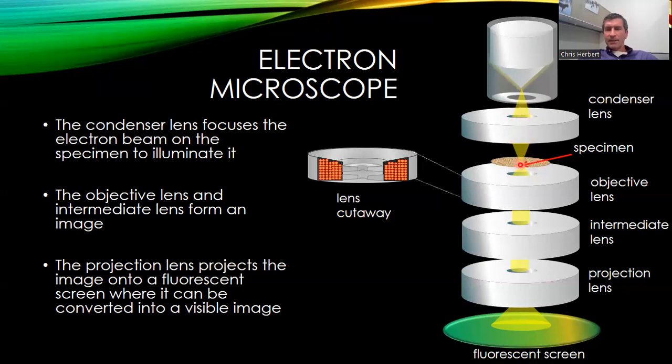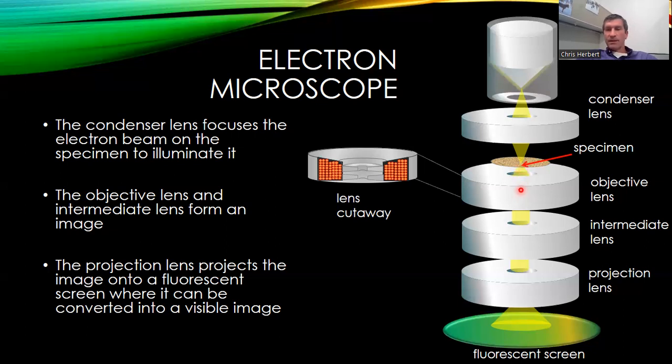The beam hits the specimen, so it's really analogous to illuminating our target, or our object here. And the electrons which are scattered off the target are then sent through the objective lens.